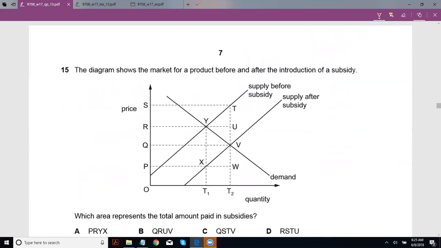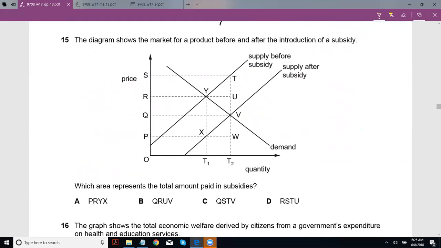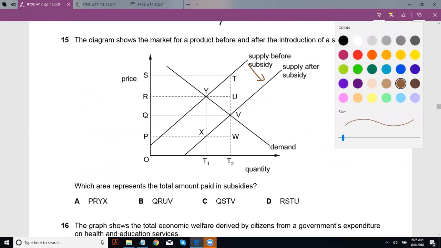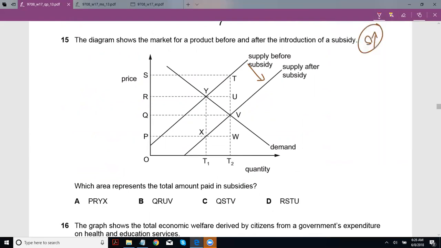So that's that. The diagram shows the market for a product before and after the introduction of a subsidy. So that basically increases supply, moves supply to the right. Which area represents the total amount paid in subsidies? So for both indirect taxes and subsidies, to figure out per unit subsidy or per unit tax, the easiest way is just to go to the new equilibrium, find the vertical distance to the old supply curve, and that's per unit subsidy or per unit tax if you were doing it the other way around.